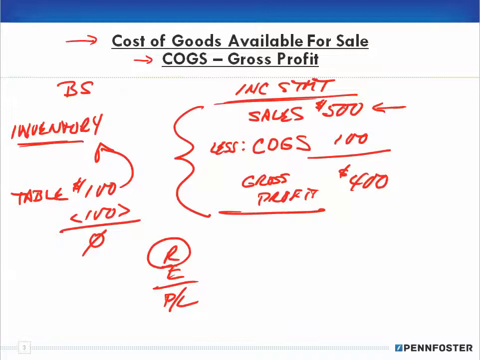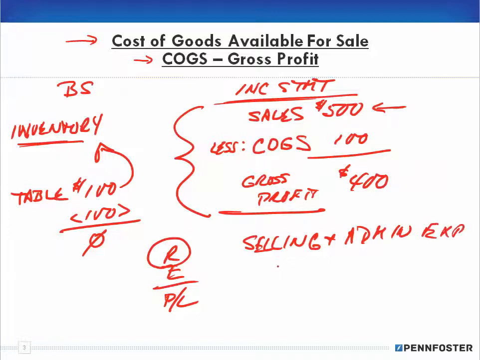I could just say, I have $500, but now how much profit did I make on that table? Well, I made $400 profit on the sale of that table, and that's what the cost of goods sold is. And then, of course, from this $400 comes all of the rest of our expenses. They're generally titled selling and admin expenses.